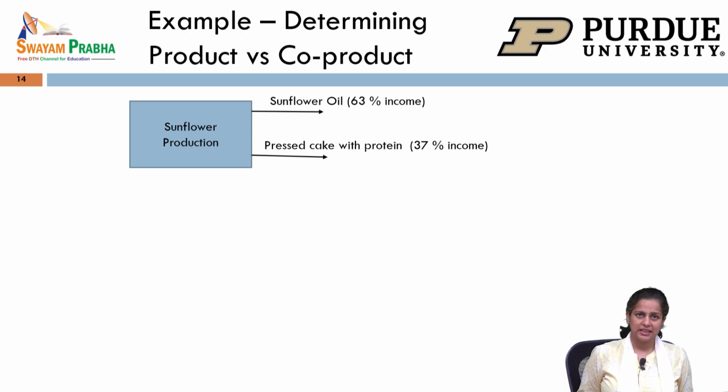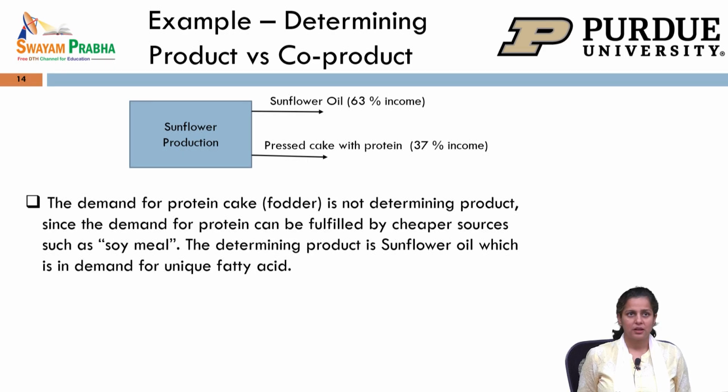And since pressed cake with protein only has 37% income for this producer, that will be your co-product. The demand for the co-product, which is the protein cake, is not determining, because the demand for this protein can be fulfilled by other cheaper sources in the market such as soya meal. So, in this case your determining product is sunflower oil, and the non-determining product, co-product, is the pressed cake.